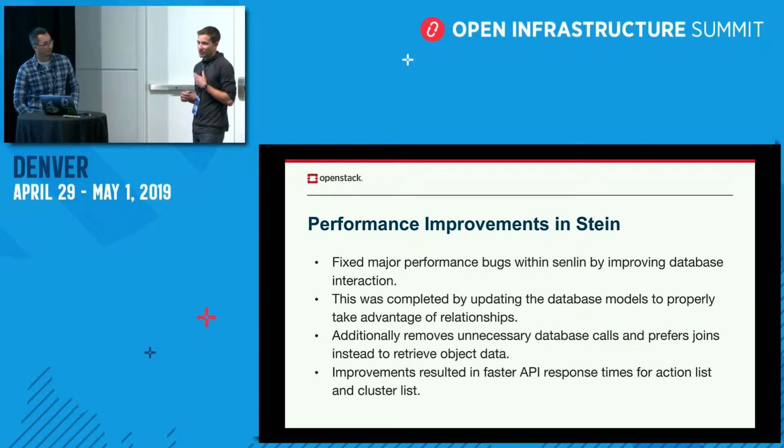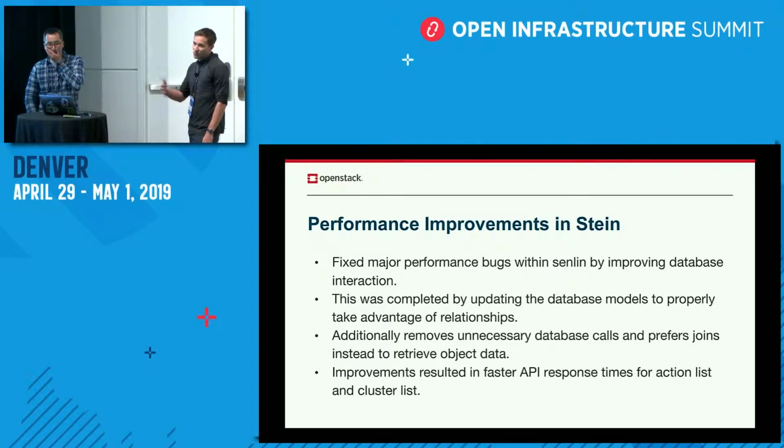To go over some of the performance improvements that we had in Stein, to elaborate on some of those really slow returning actions: we fixed some of the major performance bugs by improving the way that Senlin interacted with the database, meaning that some of the models and queries were really inefficient with the way that they joined.